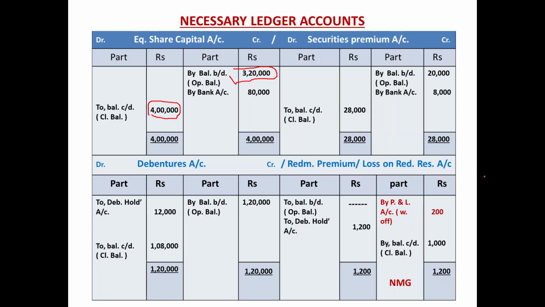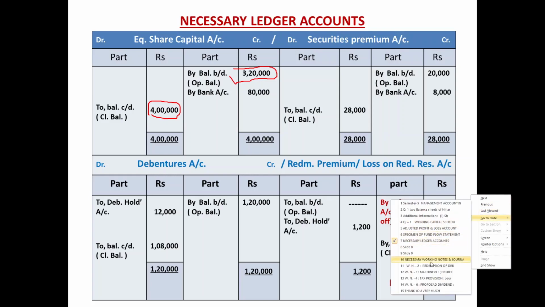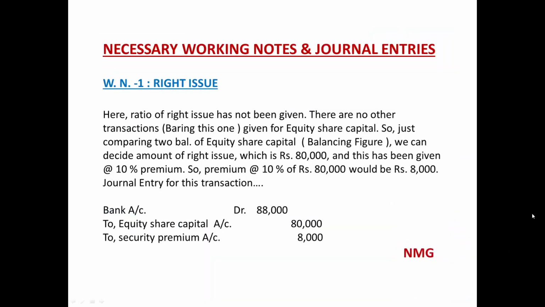It means if we compare these two balances, we arrive at a figure of rupees 80,000. It means the right issue amount is 80,000, and this has been given with a 10% premium. So premium at the rate of 10% of rupees 80,000 would be rupees 8,000. So the total amount due to this right issue would be rupees 88,000 received by the company.